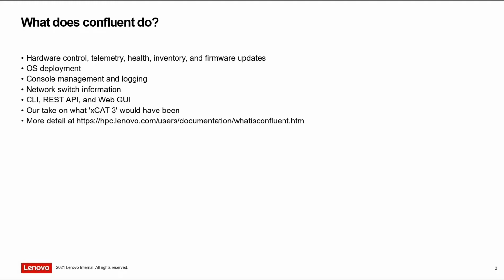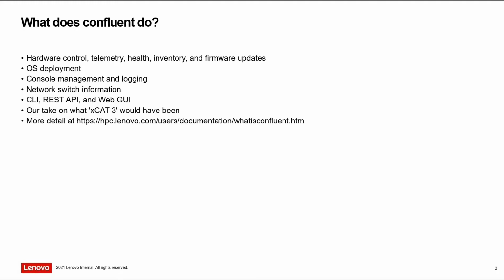It provides an API to access an aggregation of network switch information, such as MAC forwarding databases and LLDP neighbor data. It provides a command line interface for interactive use and scripting, a REST API for those who would prefer to use Python or some other HTTPS client to make calls, as well as a web interface.